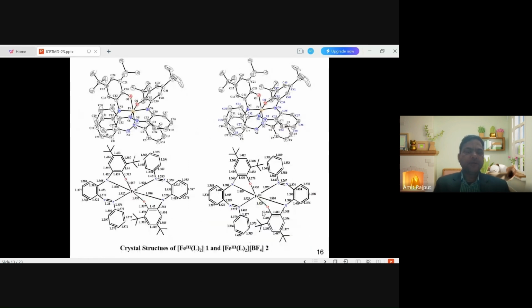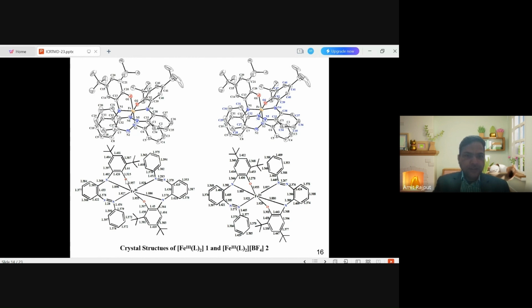Now we have three complexes: the parent, the one electron oxidized and the one electron reduced species. Unfortunately, I could not grow the crystal of the one electron reduced species. Here is the crystal structure of the parent complex and the one electron oxidized species.